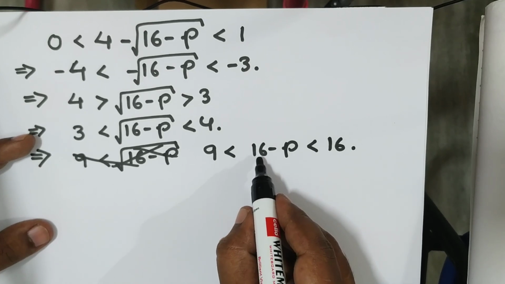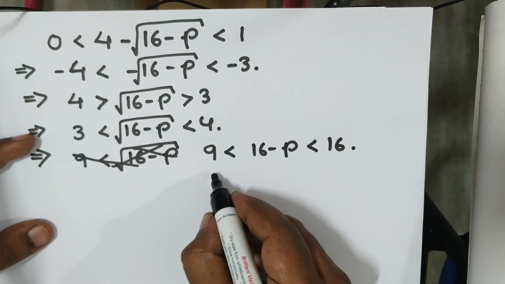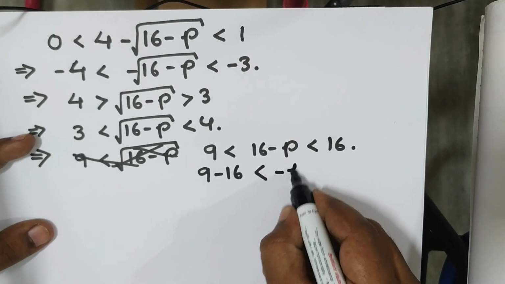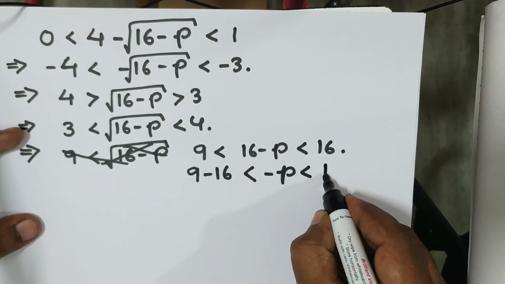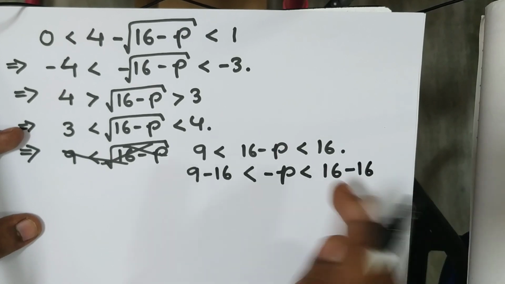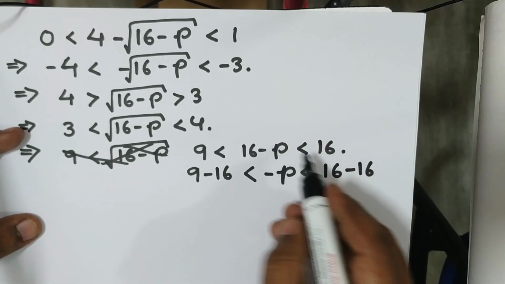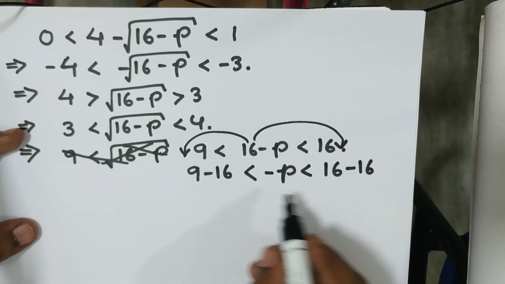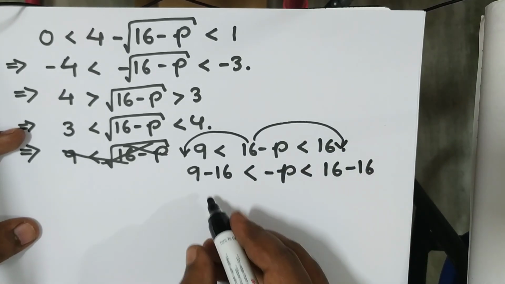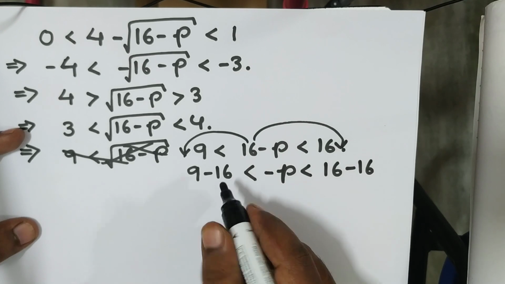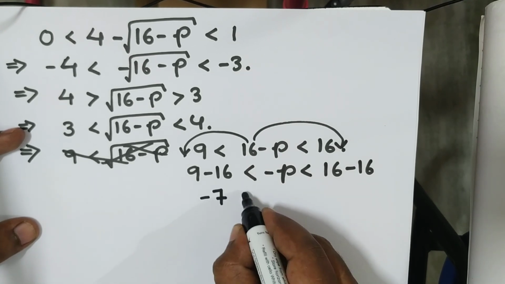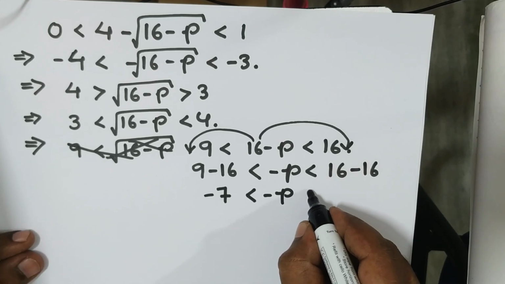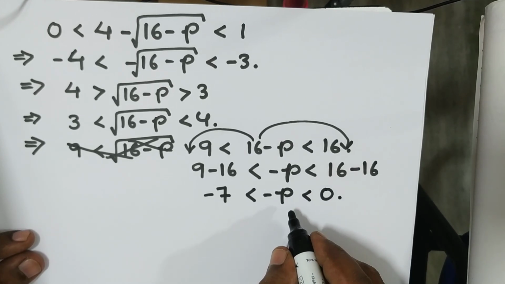You can bring this 16 to this side, so this becomes 9 minus 16 less than negative p, and 16 minus 16. Bring this 16 to both sides. 9 minus 16 is negative 7, so negative 7 less than negative p less than 0.